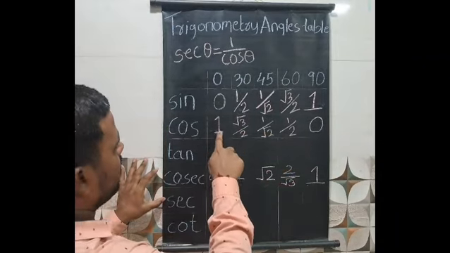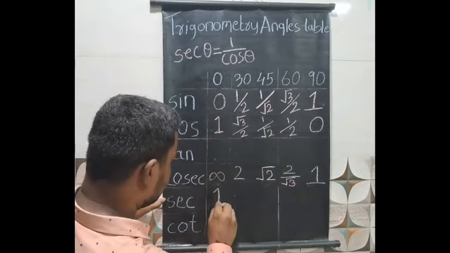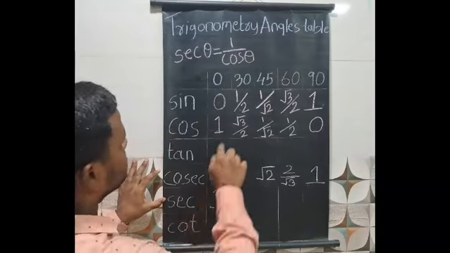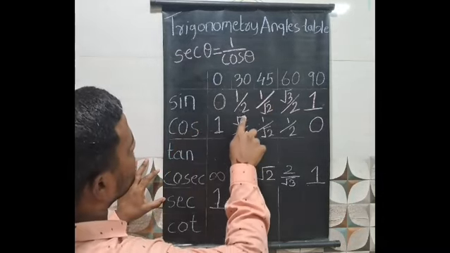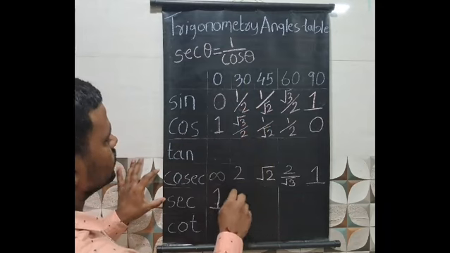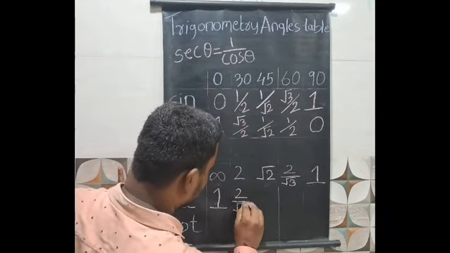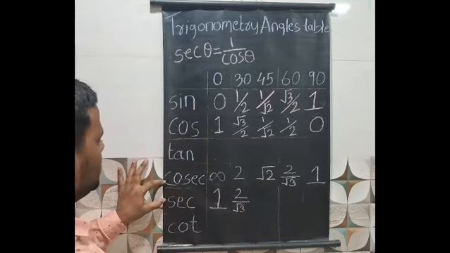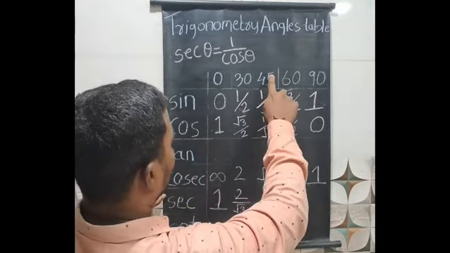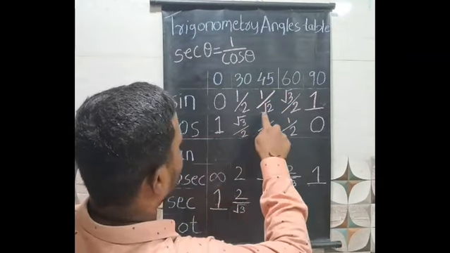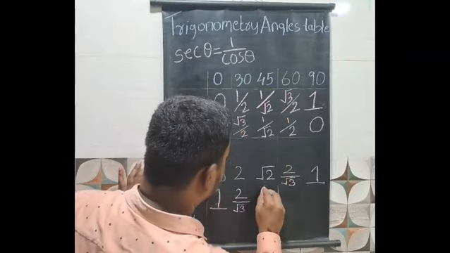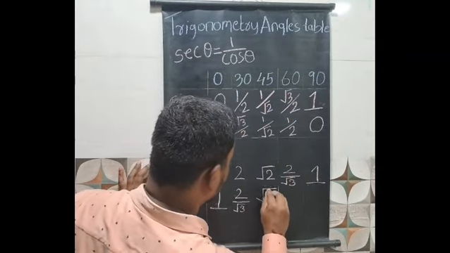So sec 0 is 1 upon 1, which is 1. Sec 30: cos 30 is root 3 upon 2, so this will be written as 2 upon root 3. Going forward with sec 45, cos 45 is 1 upon root 2, so we write it as root 2.